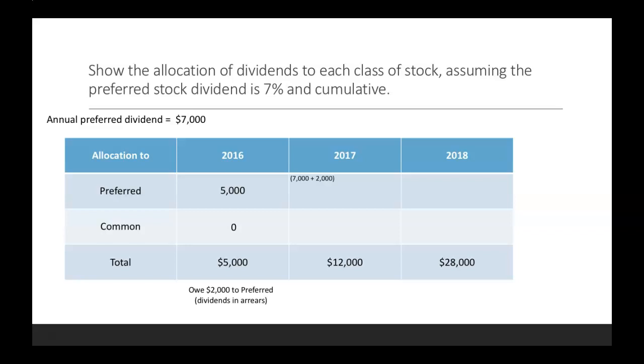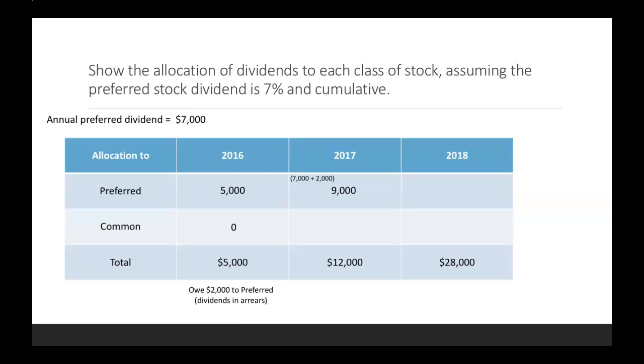But they could also get that extra $2,000 that we owed them from the year before. So preferred is going to get a total of $9,000 in 2017. They get their normal $7,000 dividend plus the $2,000 that we owed them from the previous year.